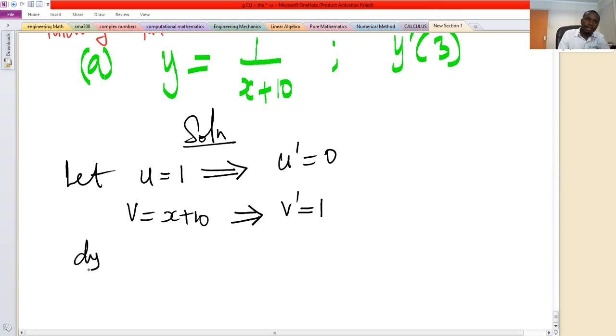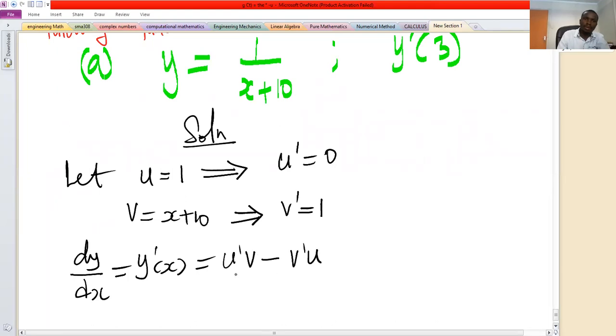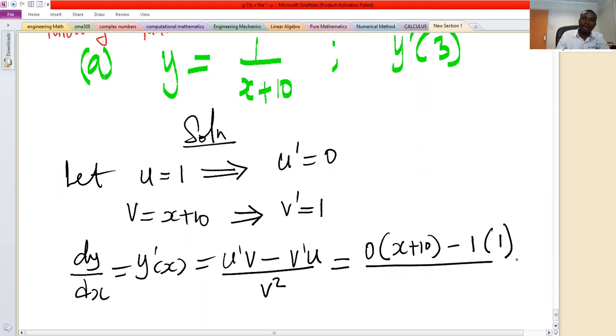So dy/dx, which is the same as y prime of x, is (u prime v minus v prime u) over v squared, which is (0 times (x plus 10) minus 1 times 1) divided by (x plus 10) squared.